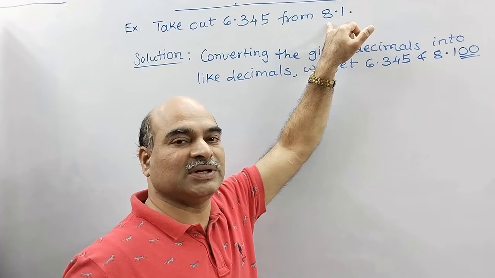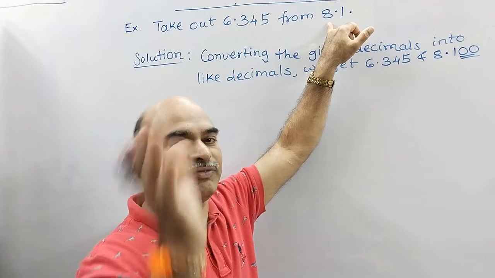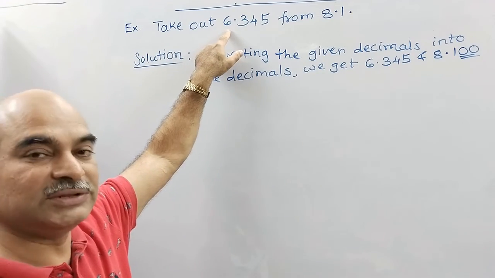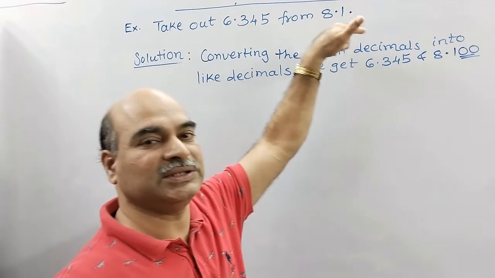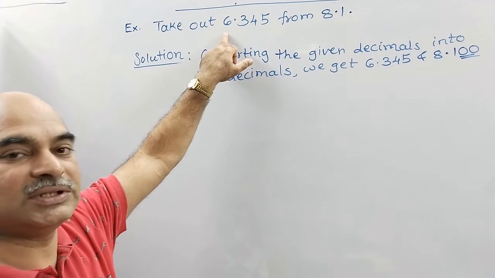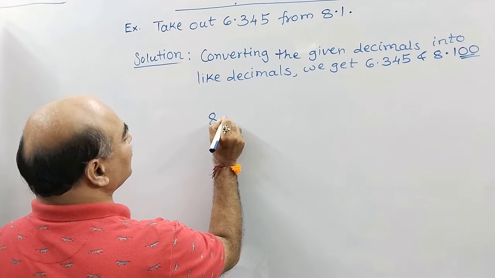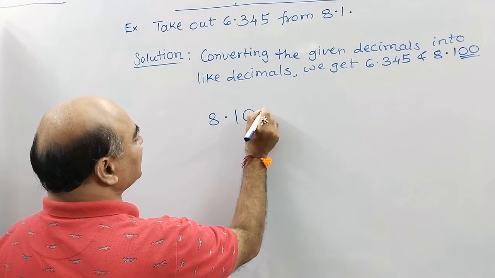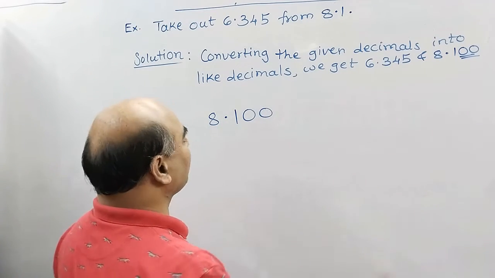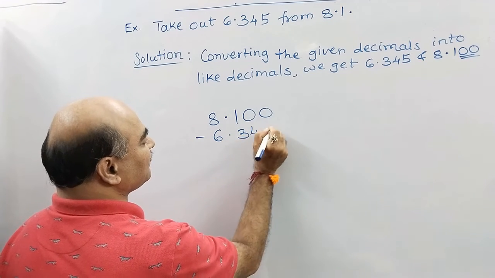Obviously, when we do subtraction, we subtract the smaller number from the greater. 8 is the greater number and 6 is the smaller number. So to do the subtraction, we first write down the greater decimal, 8.100, and subtract 6.345 from this.